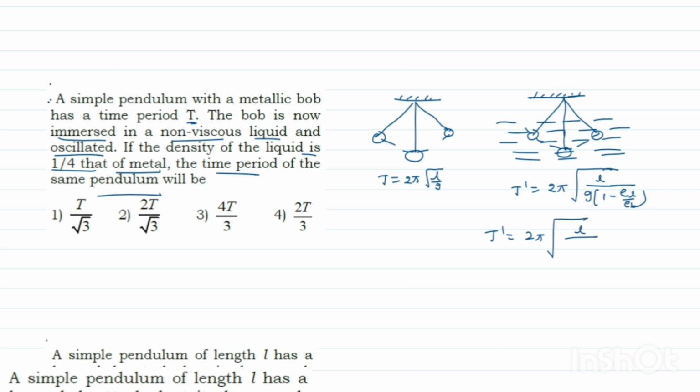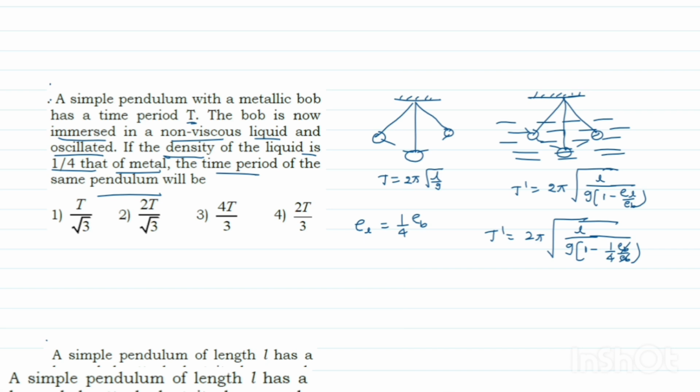the density of the liquid is given as 1 by 4th of the density of the body. So g into 1 minus 1 by 4 of the density of the body by the density of the body, and the density of the body gets cancelled.